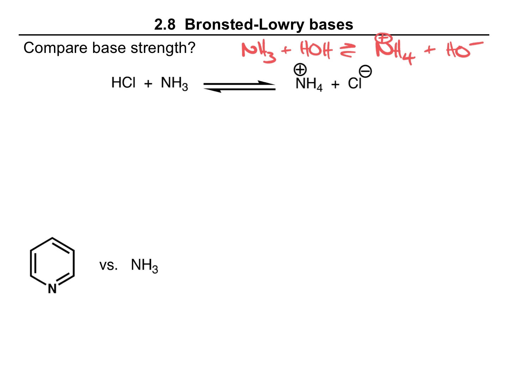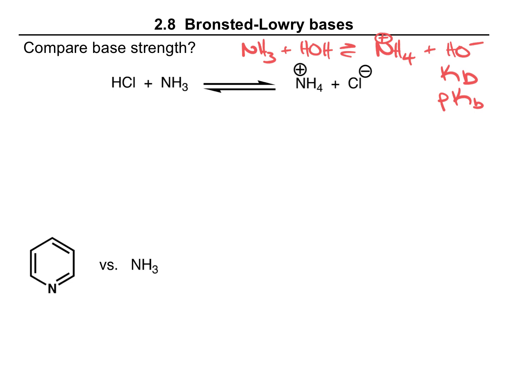But that means a lot more data that has to be collected, a lot more data that has to be compiled into tables, and we don't need pKb values, right? We don't need to use the Kb or the pKb because we can compare base strength using pKa's. So let's just stick with pKa's.